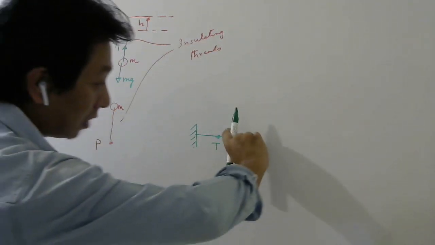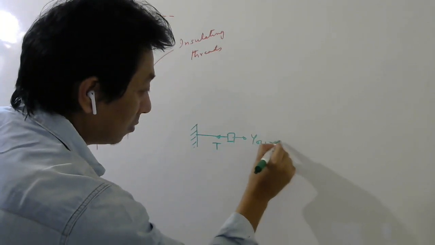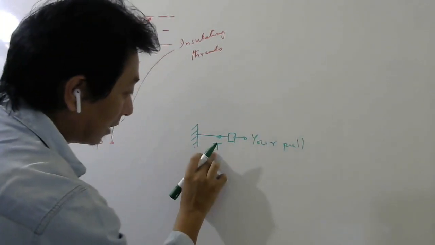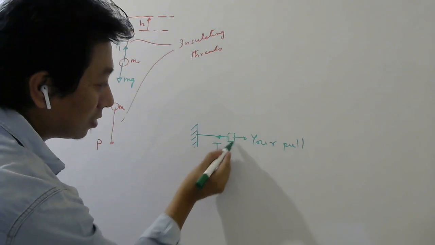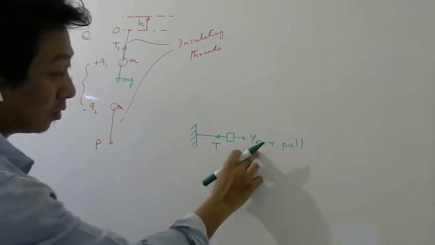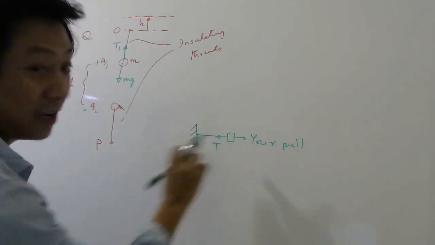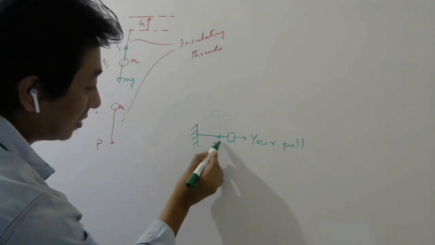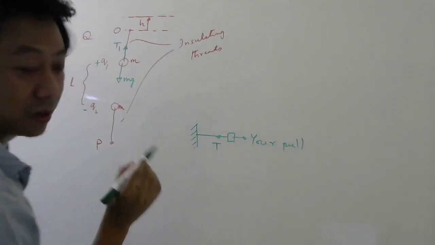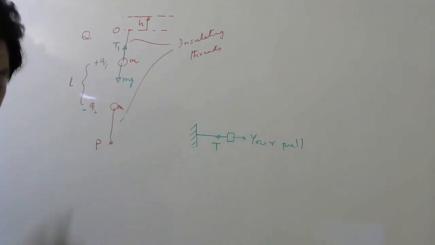When you try to pull the block this side, tension has to be this side. Otherwise, how is this block at rest? It will just come out. If your pull is very high, the block will come out because the wire will break. Otherwise, the tension here will balance your pull. So tension must be along the string away from the body.